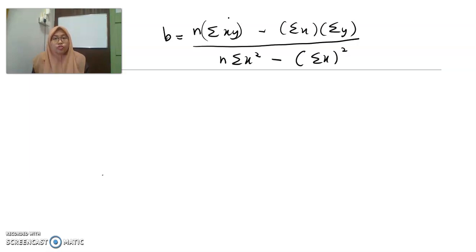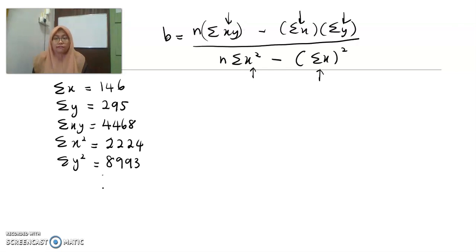So in this formula, you must have total xy, total x, total y, total x square, and total x. So 1, 2, 3, 4, 5 values. And you can get this value from your calculator. So I hope by now you must be able to use your scientific calculator to retrieve these 5 values.